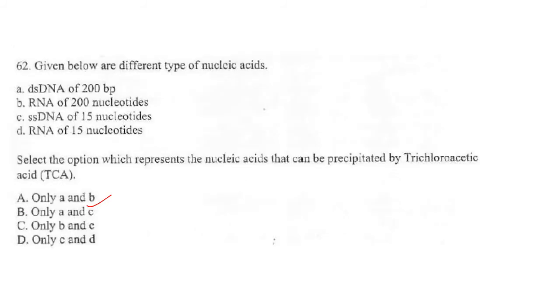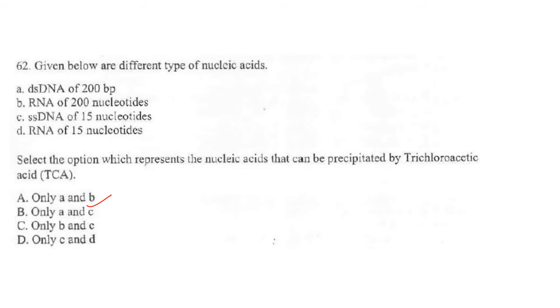Then given below are different types of nucleic acids. Select the option which represents the nucleic acid that can be precipitated by trichloroacetic acid. First and foremost, TCA, that is trichloroacetic acid, will precipitate nucleic acids longer than approximately 20 nucleotides.